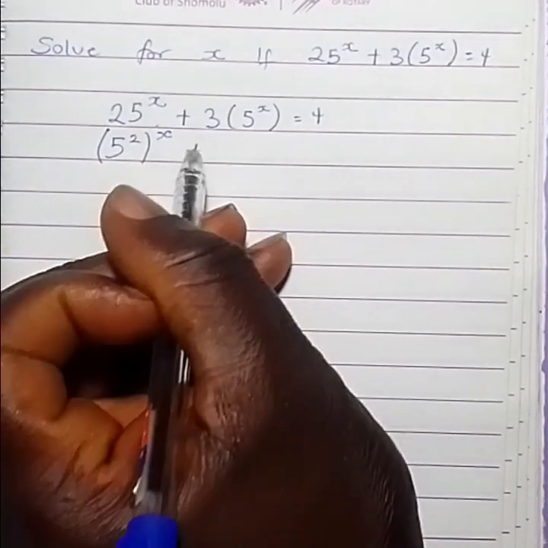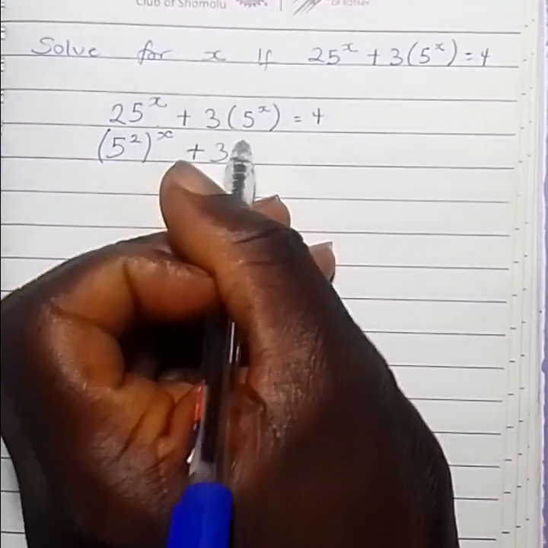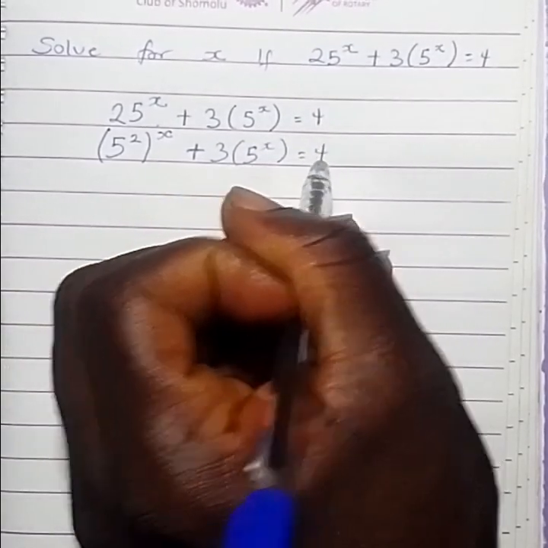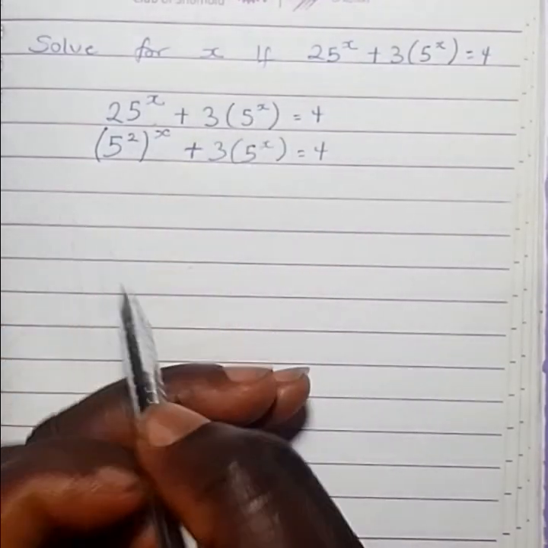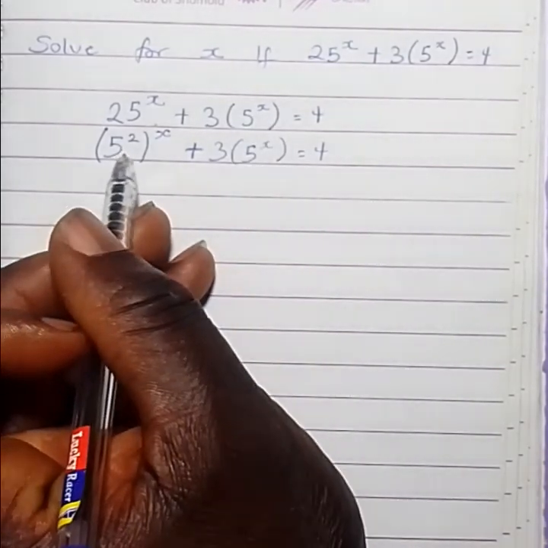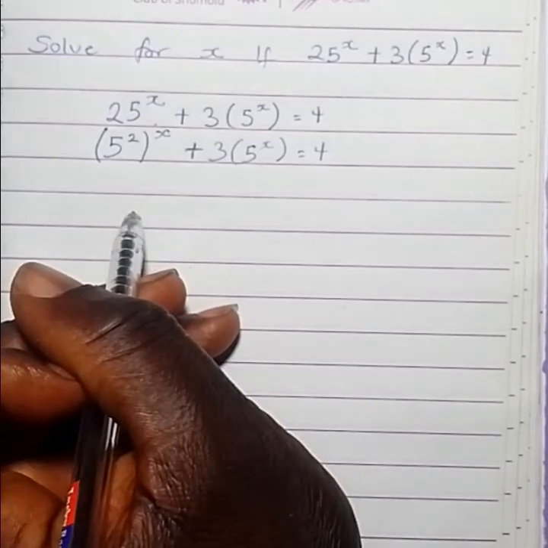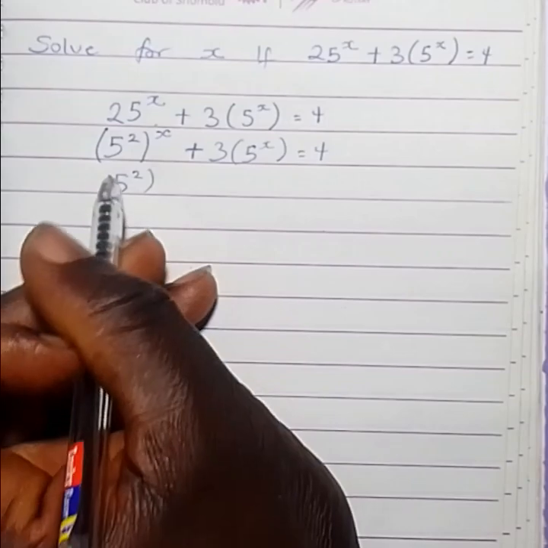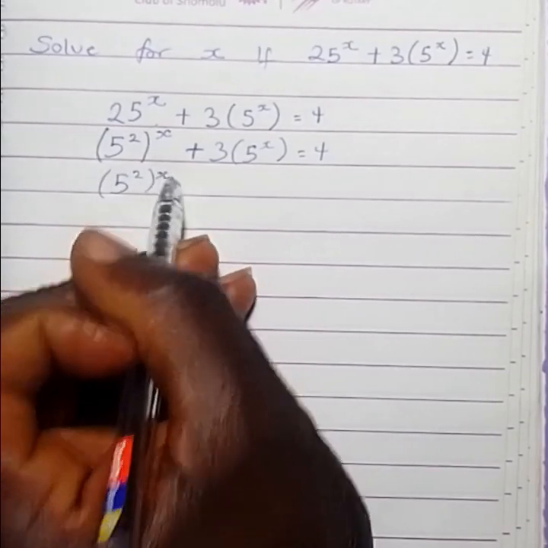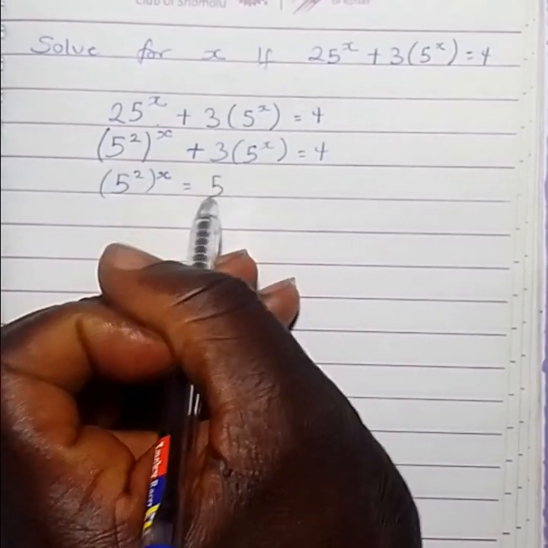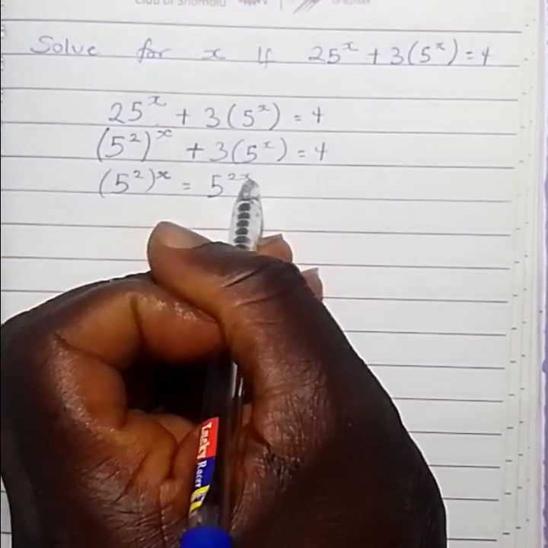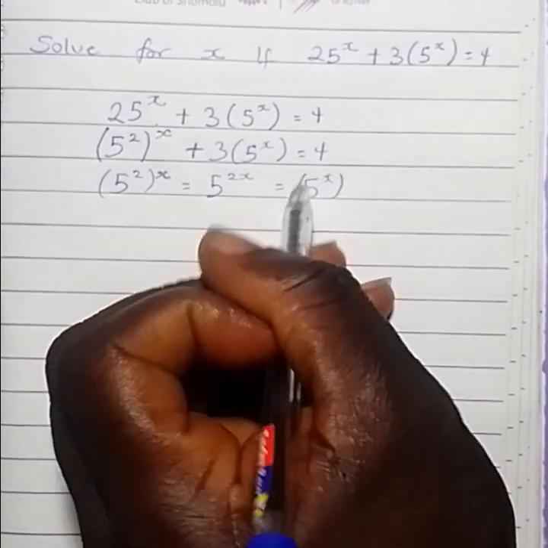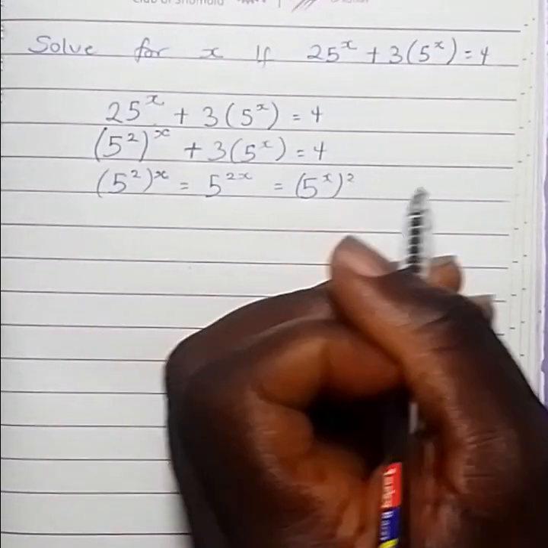Then plus 3 open bracket 5 raised to power x equals 4. So this is just the same as this. Now, you agree with me that 5 raised to power 2x outside is the same thing as 5 raised to power 2x, and is the same as 5 to the x then 2 outside, from the law I stated the other time.